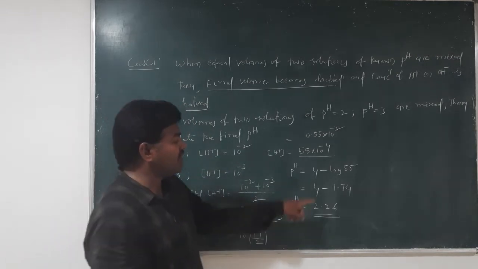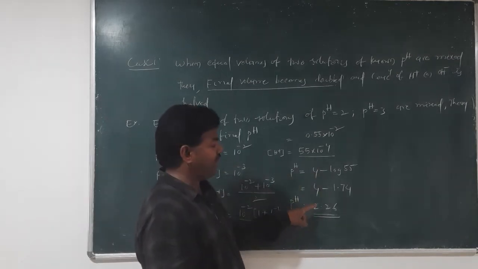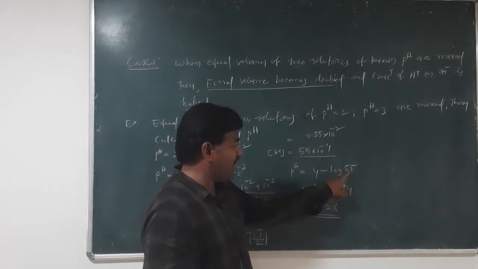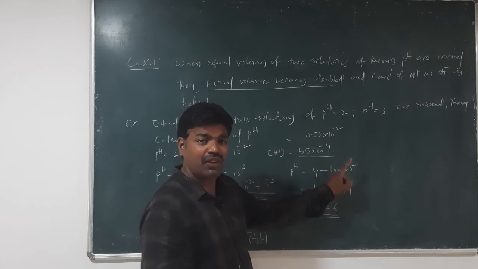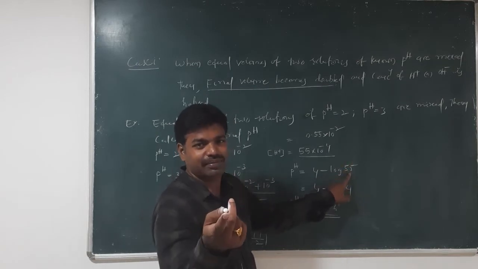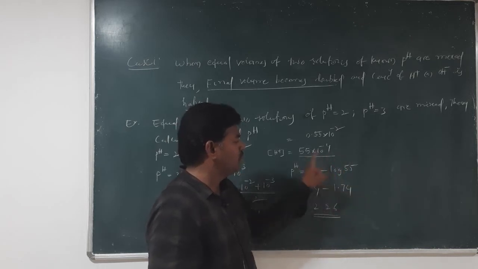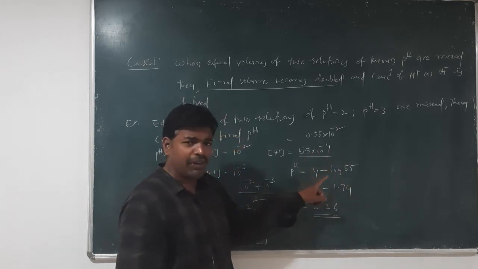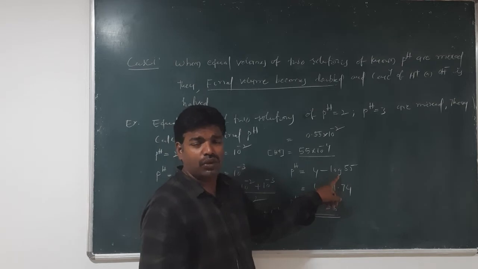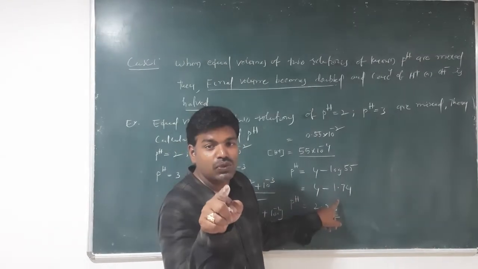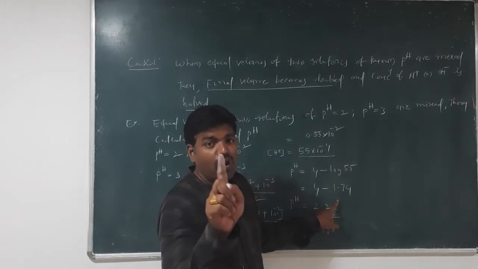But for this calculation, we need to know the logarithmic value of 55 or something else. I repeat, to calculate this pH, we need to know the logarithmic value of 55 or something.